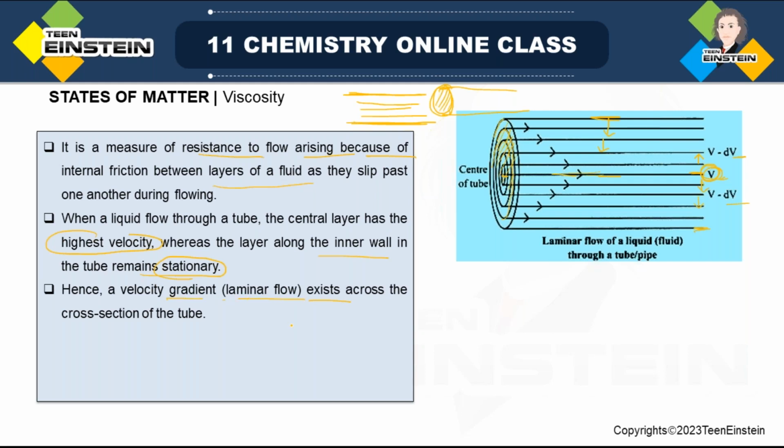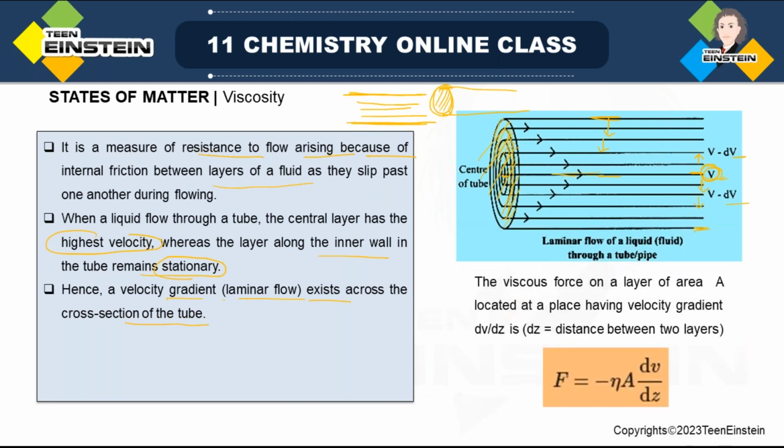For a fluid, whether liquid or gas, two types of flow are possible. One is very smooth flow, that is laminar flow. Another is turbulent flow. We are not talking about that, because when it moves through a tube, obviously it is smooth laminar flow. Velocity gradient exists across the cross section of the tube, as you can see here.